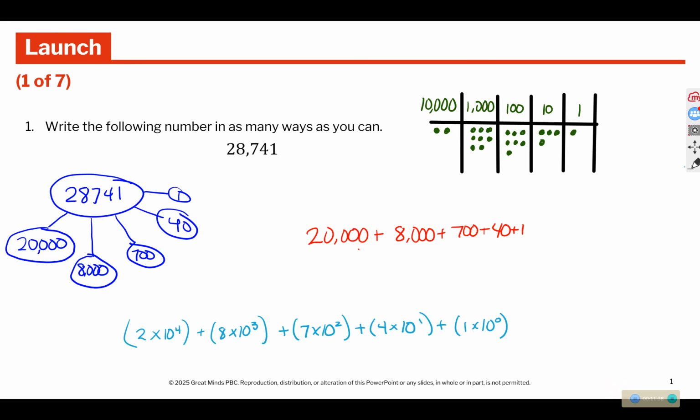Here, it's written out as a number in standard form, added with another number in standard form, but showing each place value separately. In this one, it's showing the digit and then the place value it represents. Would it be the same value if I were to change the order of things?